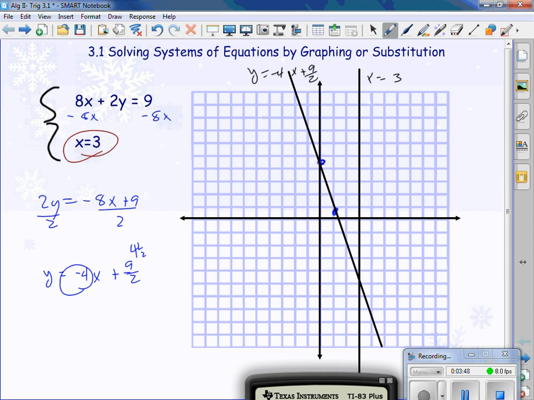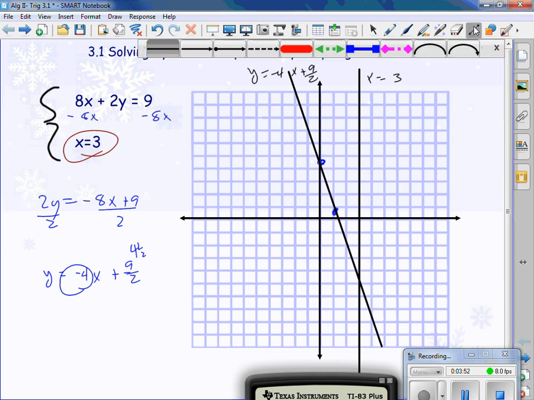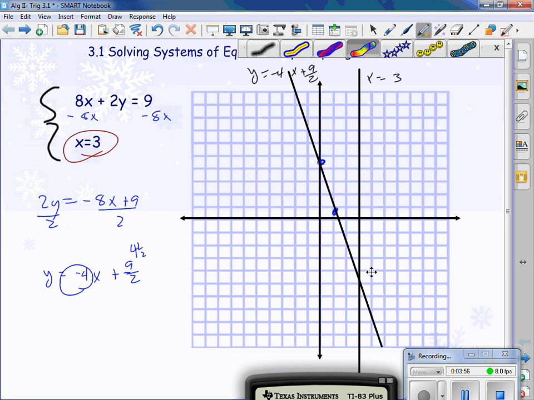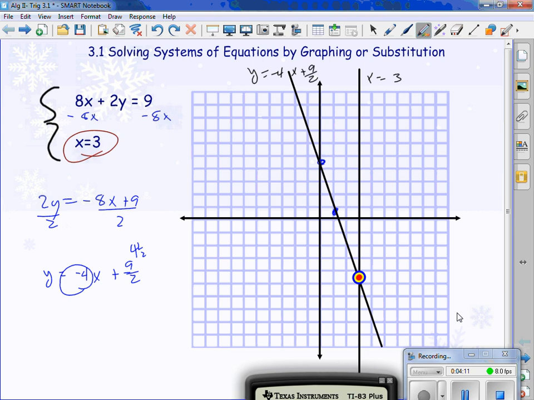What I care about on this problem is where they intersect. And they intersect right here, at that point. That's why I need a ruler, because accuracy is going to play a big part.